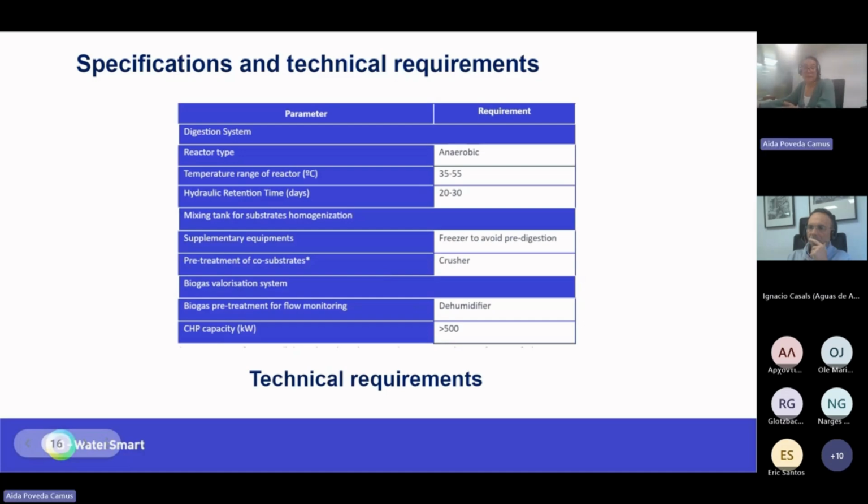On the other hand, it is important to remember that we have to respect the hydraulic retention time to reach good chemical oxygen demand removal results. In addition, some co-substrates require pretreatment, such as fruit and vegetables, which require to be crushed.